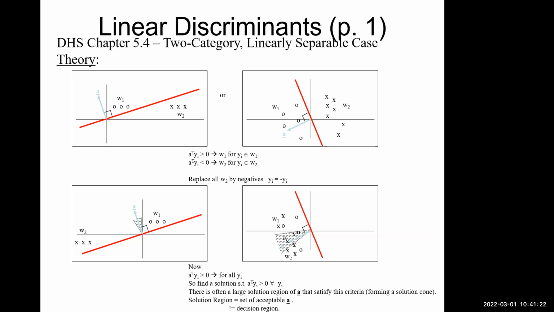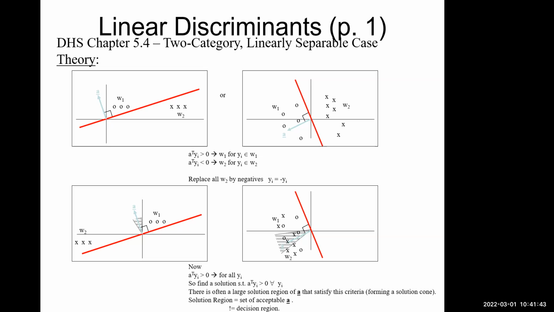Then we had to choose where that red line was going to be. We decided we'd define the line by its normal, which means we could then talk about lines and planes and hyperplanes.